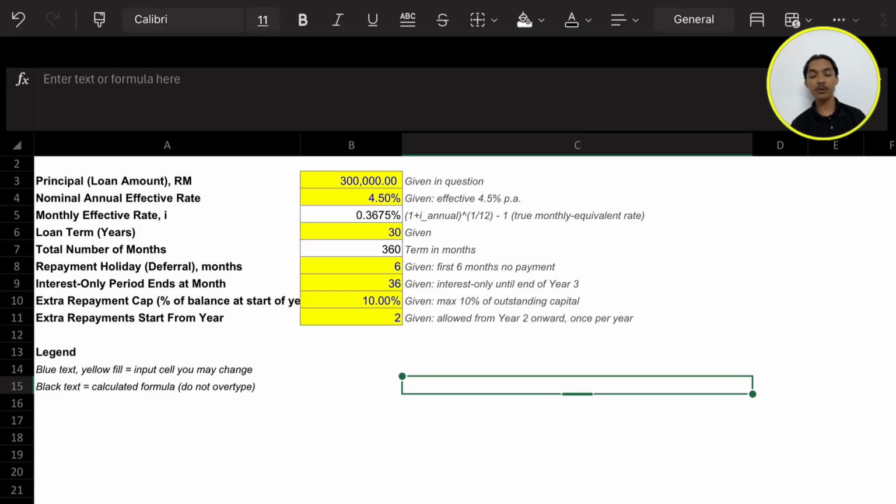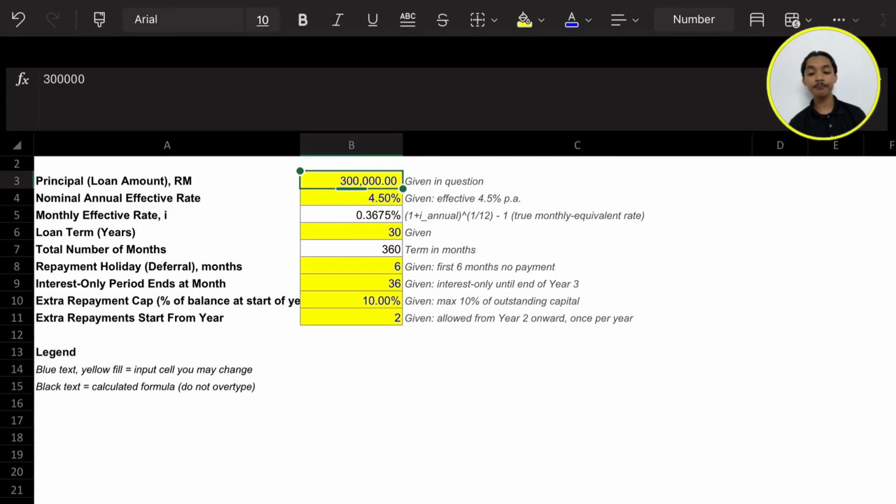On the input tab, I have the principal of RM 300,000, the annual effective rate of 4.5%, the term, and the phase boundaries: 6-month deferral and interest only until month 36. One important decision I have made here: the question says the rate is an effective 4.5% per annum.